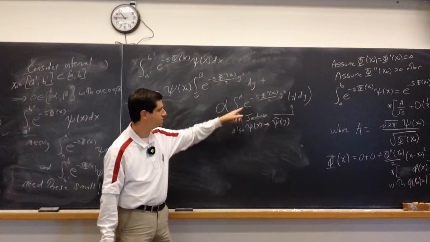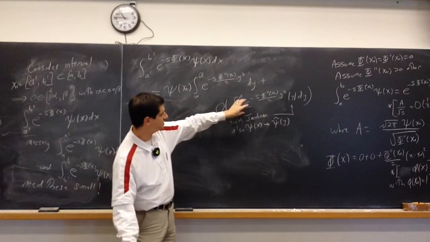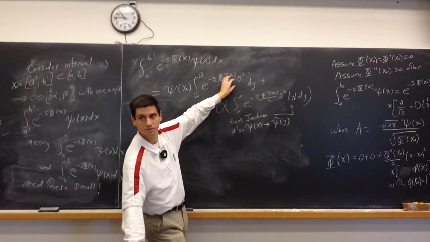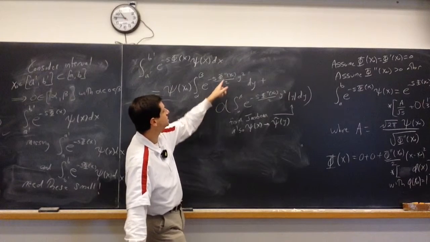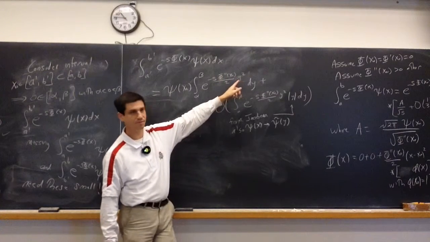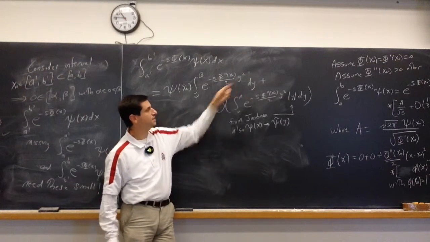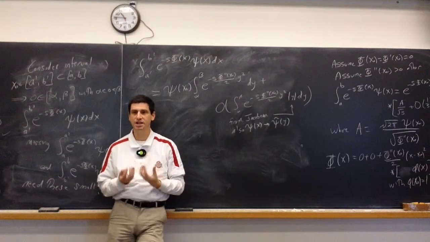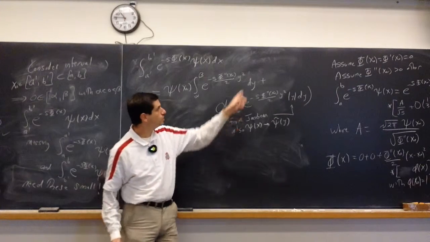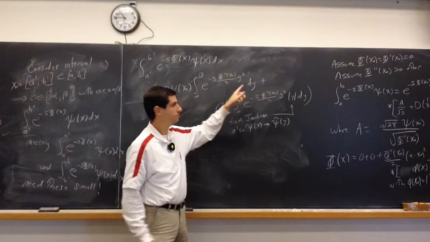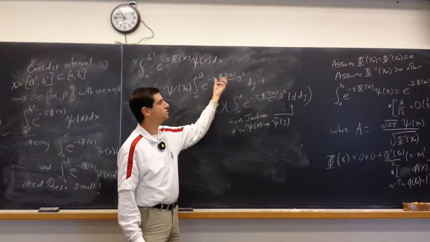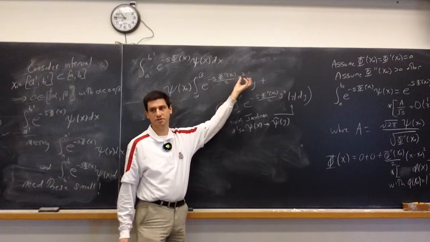Does it make sense that this integral should be smaller than this integral? If we think about what size we expect y to be, I always want to think of the natural scale. Once y is 1 over square root of s, that's going to be the same size as this. This will be something of the size exponential of a constant.